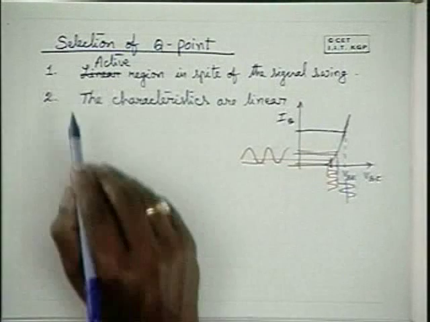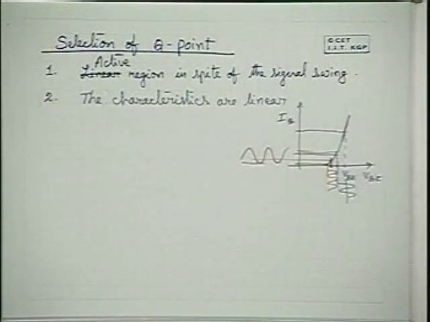Okay, so these are the important criteria. Now, once the Q point is selected, how do you operate it? How do you make the circuit give rise to this kind of Q point?